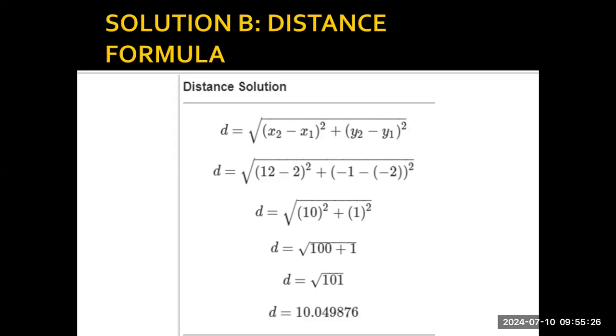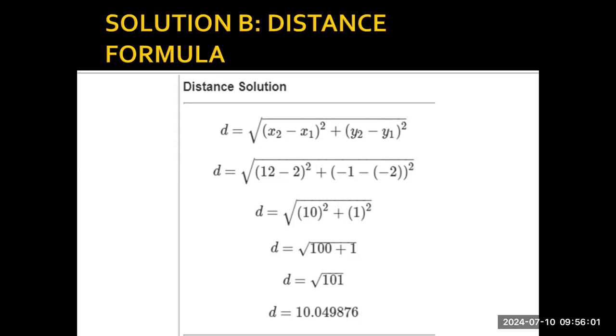So the first pair of coordinates, that is x sub 1, y sub 1, belongs to star Y. And the second pair of coordinates, x sub 2, y sub 2, belongs to star Z. So by substitution, x sub 1 equals positive 2, y sub 1 equals negative 2, x sub 2 equals positive 12, and y sub 2 equals negative 1.